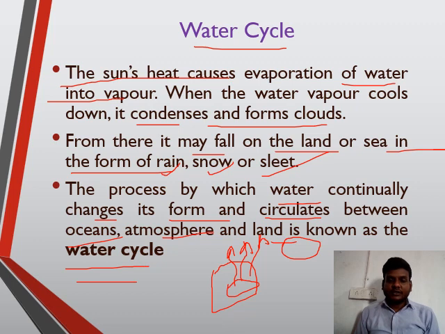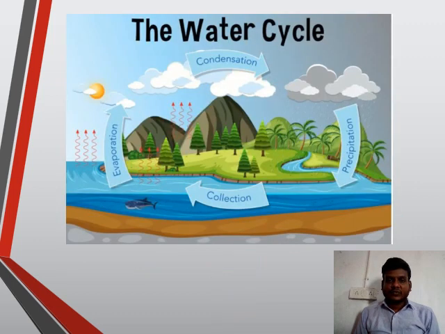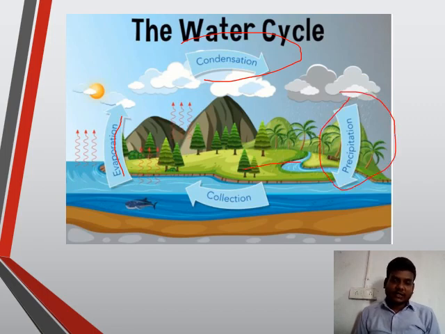I hope it is clear to you. You can see in this picture the heat causes evaporation, then condensation, then precipitation, then the water is collected. This cycle is called the water cycle.